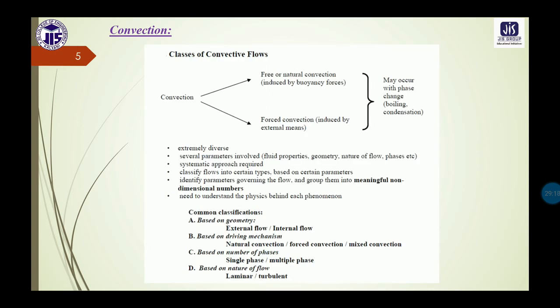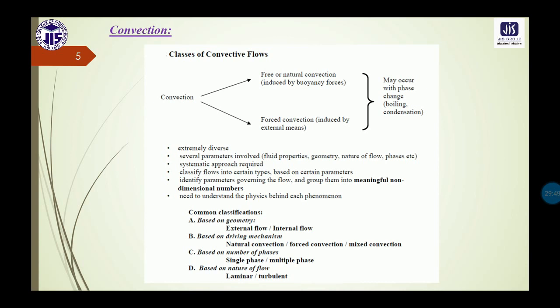And what is the classification of convection heat transfer? Earlier it was discussed that convective heat transfer can occur in two ways. One is free or natural convection, which is induced by buoyancy forces, already studied in fluid mechanics.